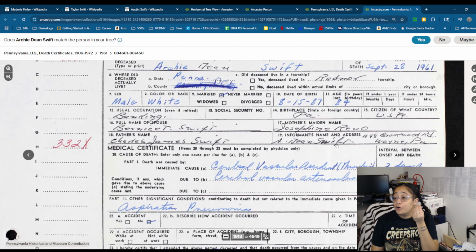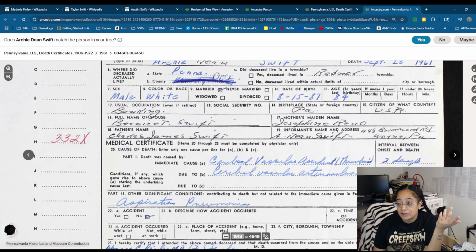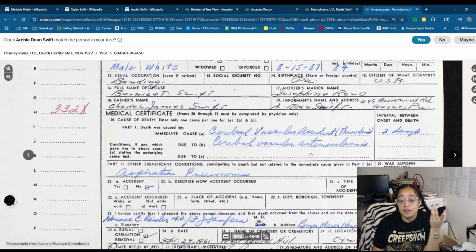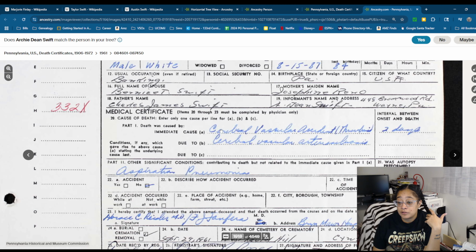Dean Swift. So this is great because we know that the informant is the son, because we know that that's his name already. Again, it might not even be a family member who is the informant on the death certificate. It really just depends on the circumstances of the death and if there's anyone close by that's of any relation. Then we have the cause, so it says cerebral vascular accident thrombosis, and then cerebral vascular arteriosclerosis.